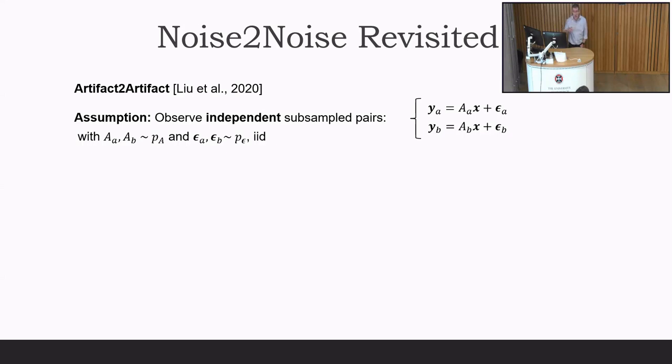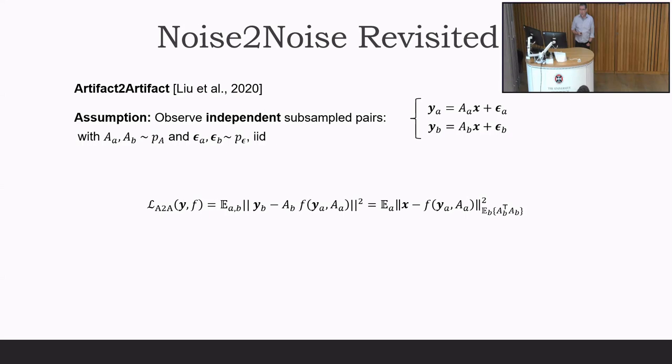So artifact to artifact says, let's suppose again that I observe independent subsampling pairs. So I'm going to observe YA and YB, two different operators, capital A, little b, acting on the same signal and potentially with noise EA, EB, and we're going to assume that the operators are drawn independently from some probability distribution of sets of operators, and we're going to assume that the noise is drawn independently from each other.